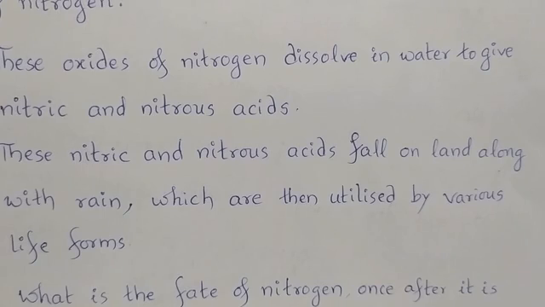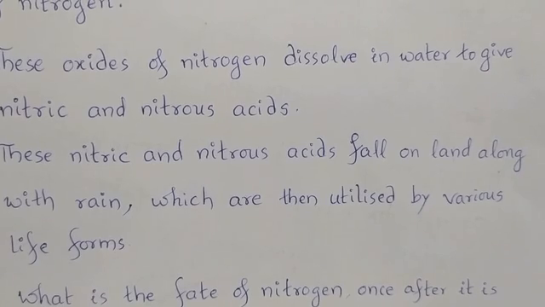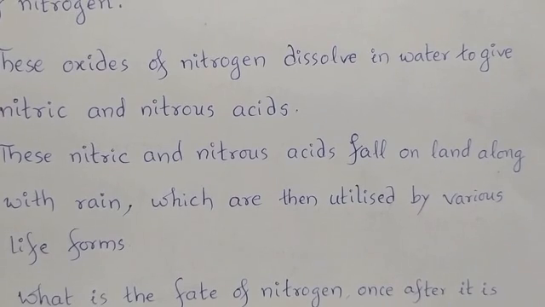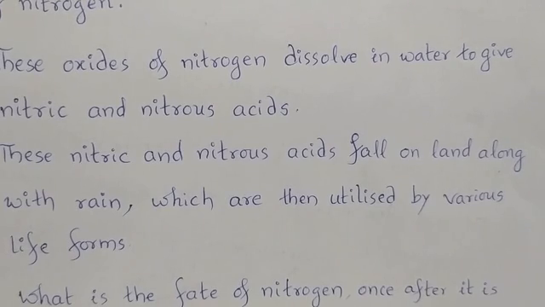These nitric and nitrous acids fall on land along with rain, and after falling on the land, nitric and nitrous acids are utilized by various living organisms. First, initially what is happening? Oxides of nitrogen are formed.